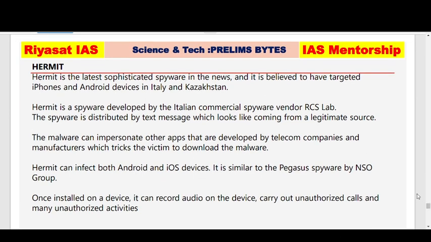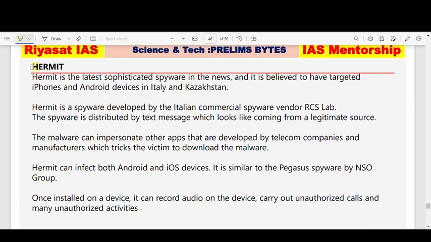Now moving to your next topic, that is Hermit. Now what is Hermit? See, Hermit is a spyware. This is a spyware targeting your iPhones and Android. And it has already targeted Italy and Kazakhstan. Clear? So basically it is a spyware which spies on your phone by text messages.